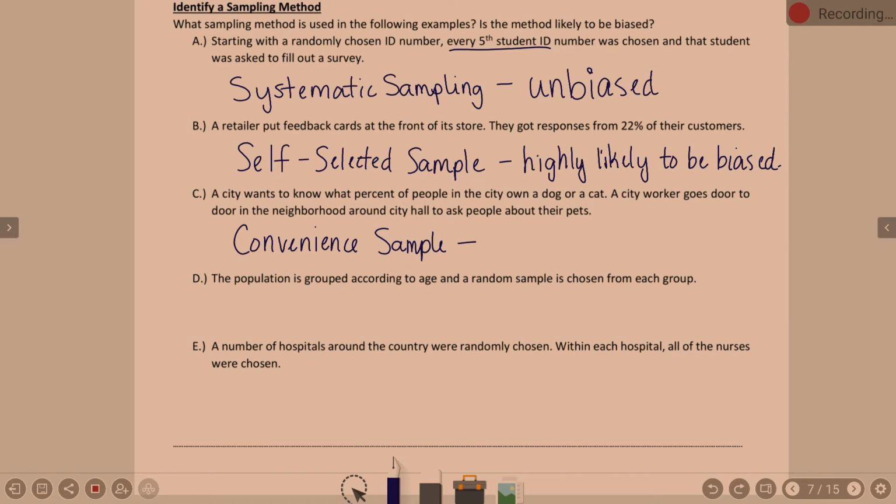So, I guess here's what I'm going to say. I'm going to flip it and say could be biased depending on the neighborhood. How's that, does that make sense? Say could be biased depending on the neighborhood.